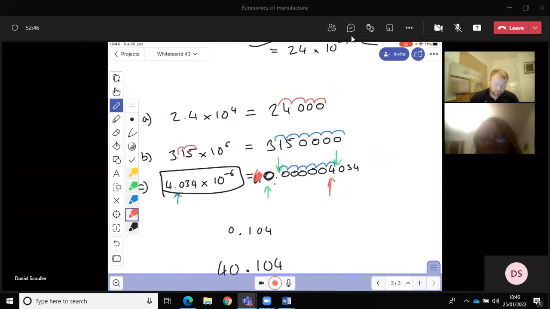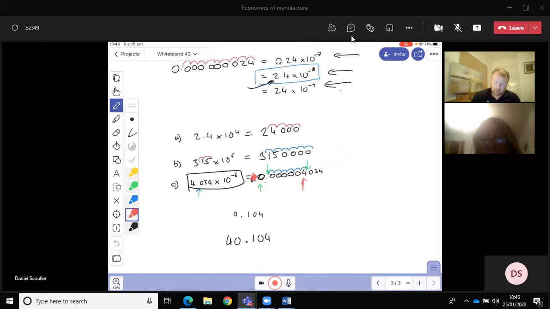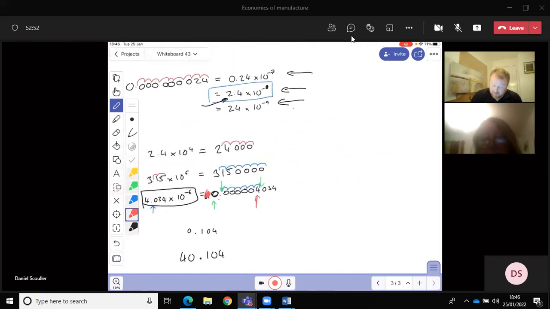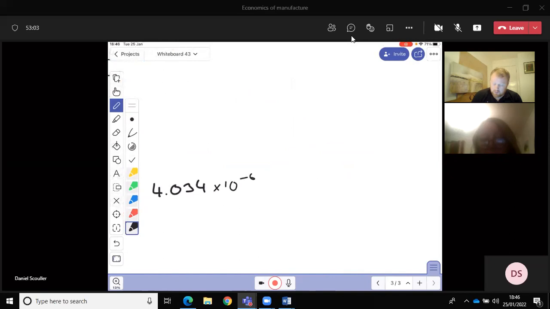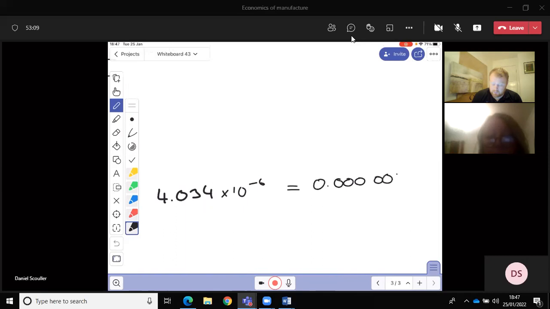Oh, right, okay. Got you. Let's tidy this up a wee bit. I'll just write this out again. Okay, so exact same. So I'm saying 1, 2, 3, 4, 5, 6, because that's negative 6, and the decimal place is stopping after the 4.